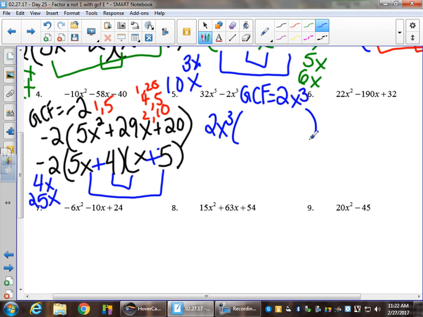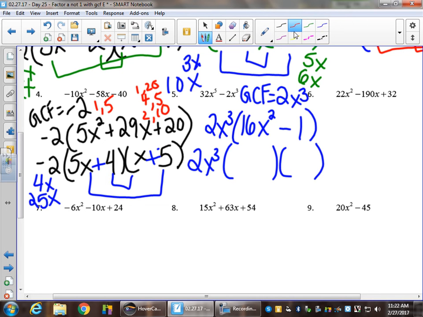What's left? 16x squared minus 1. Can you factor that out? Yes. You can always factor it out. Not always, but in this case you can.